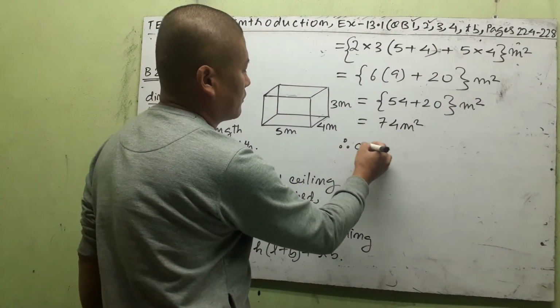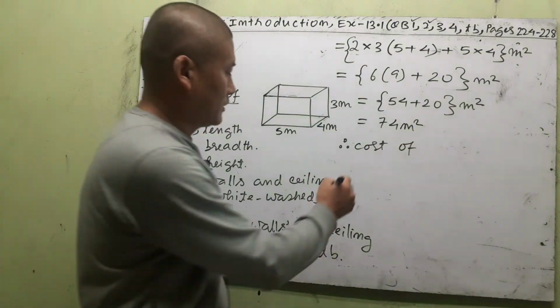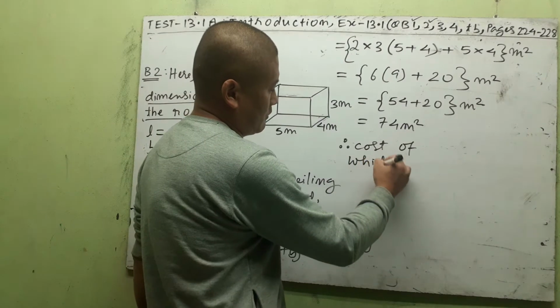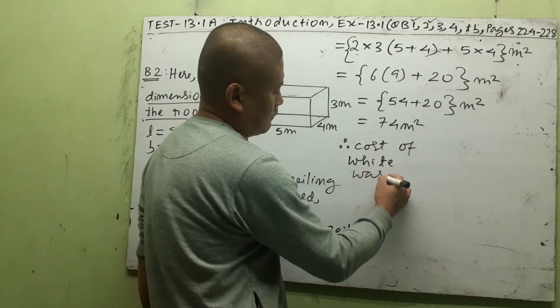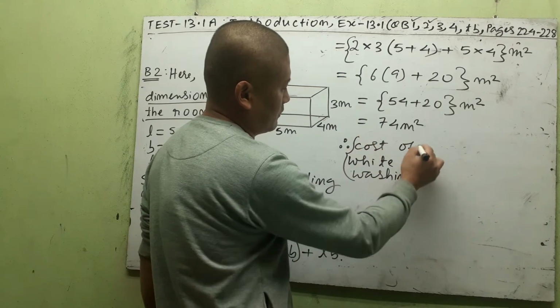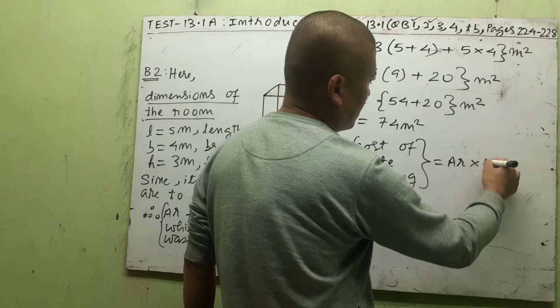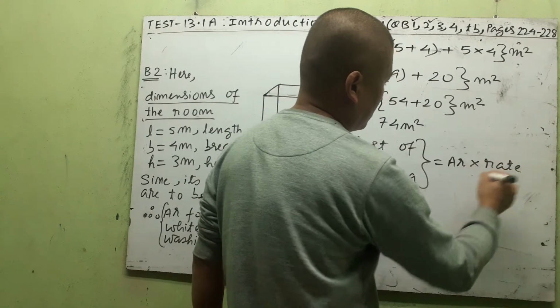They're asking to find the cost of whitewashing. So cost of whitewashing will be equal to the area for whitewashing into the rate charged.